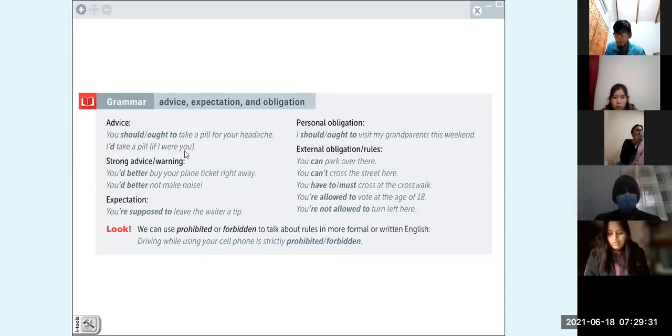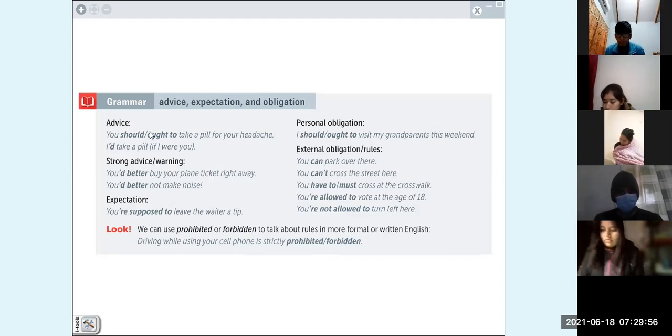Con condicional también podríamos ocupar would si utilizamos el if, o también podríamos decir, yo tomaría una píldora, una pastilla, una tableta. I'd take a pill, right? Okay. I want you to think in one advice you can give your partners, about anything using should, ought to, or would, maybe. You can use would with a conditional sentence.